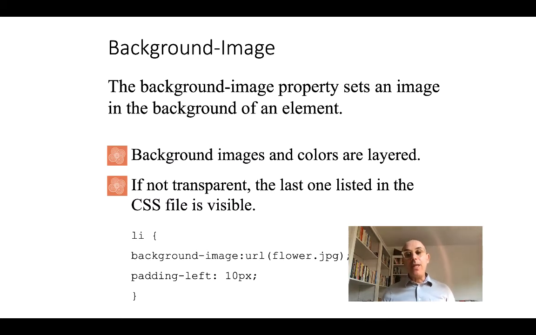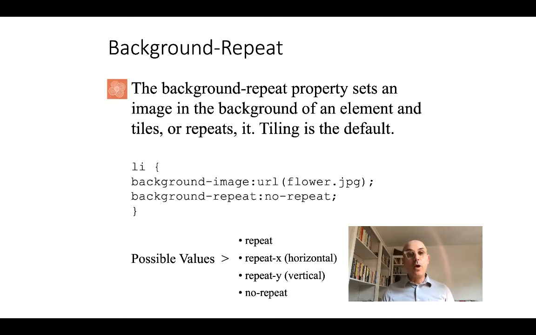So the background image property is set as a background of the element. So we will call it a li and a background image, and we're going to bring the name of the image, and we are going to say it's going to padding-left with 10 px in order for us to apply that.